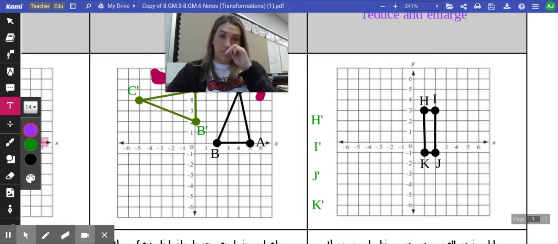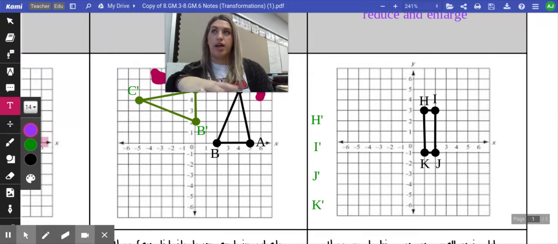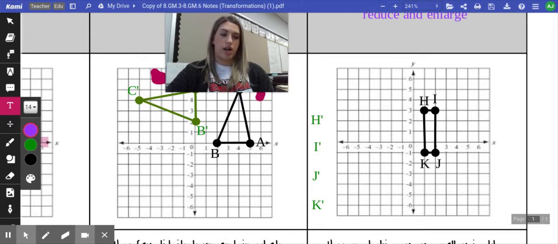So when we're looking at dilations, we are also going to be using the term scale factor, which you have learned or heard about. Scale factor is the number by how much something is getting bigger or getting smaller. When we use scale factor, we actually multiply it by the original value. If you think back, you probably talked about scale factor when looking at a blueprint.